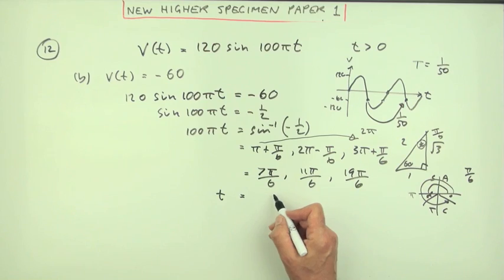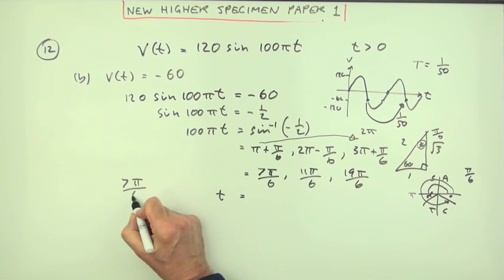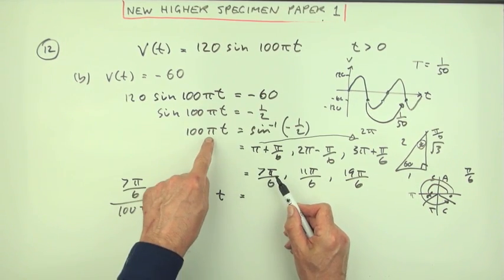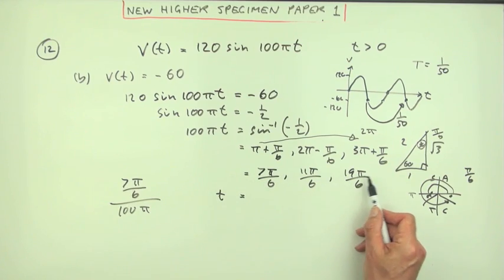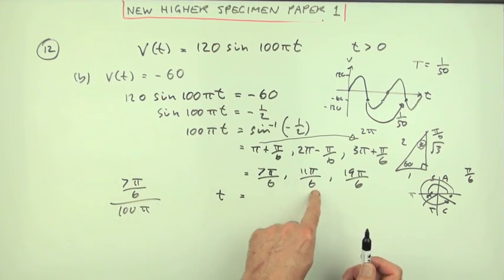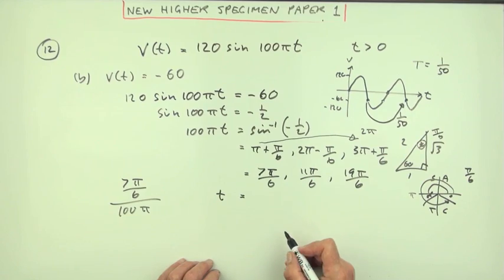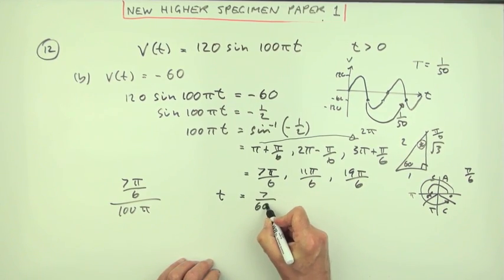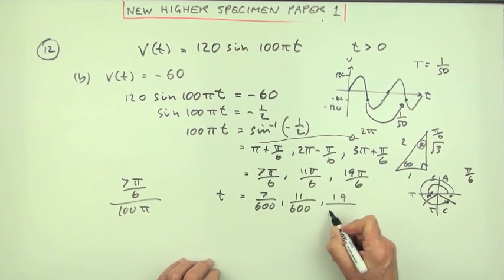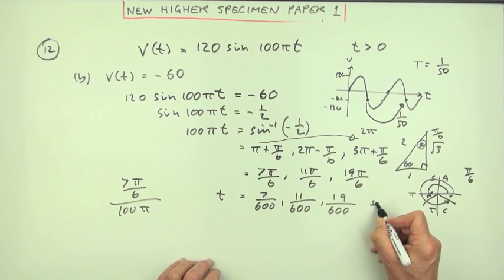It's kind of nasty to show that because I'll be writing 7 pi upon 6 all over 100 pi. But we're just thinking, well, divide by pi first, we'll knock out all the pi's. Divide by 100, we'll just make the denominators into 600s. So we've got 7 over 600, 11 over 600, and 19 over 600, all in seconds.